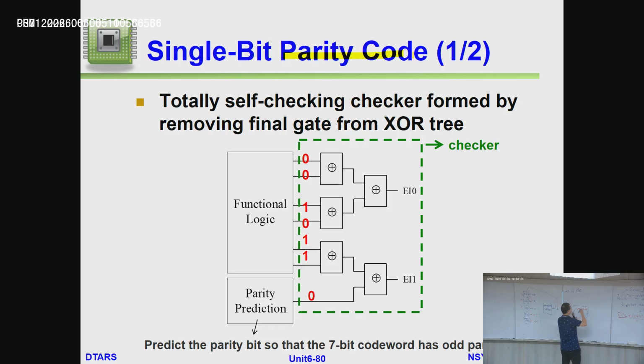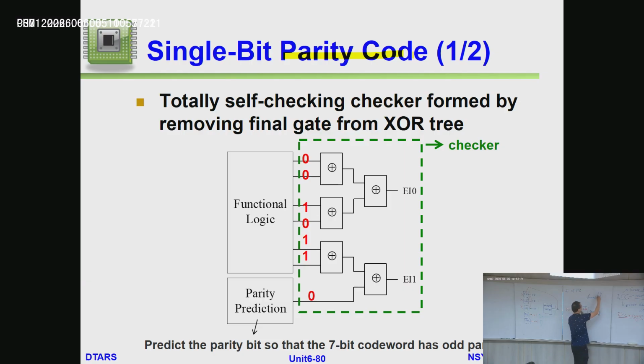If now your functional output is 0, 1, 1, 0, 1, 1, because now the number of 1s should be even, the parity bit will generate 1.